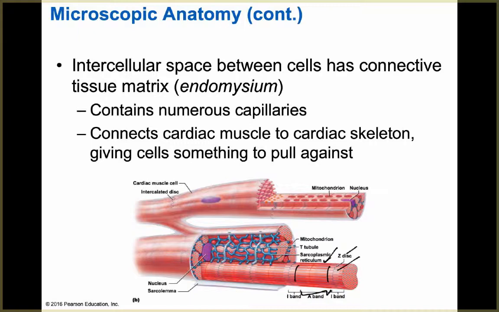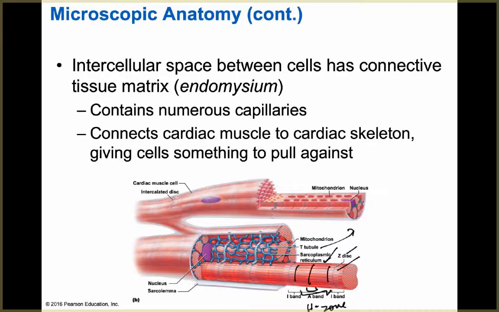Before that, you have this H zone down here, if you remember that, which doesn't have any of the actin. The M line is here in the middle. And so that's how the sarcomere works, or the different parts of the sarcomere.